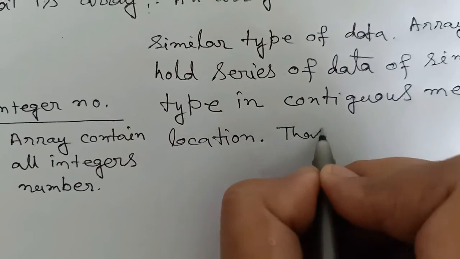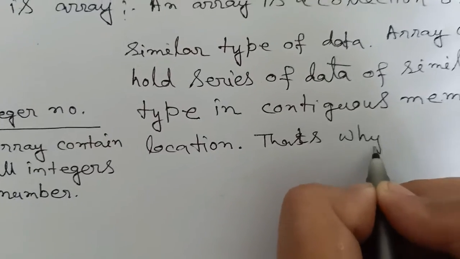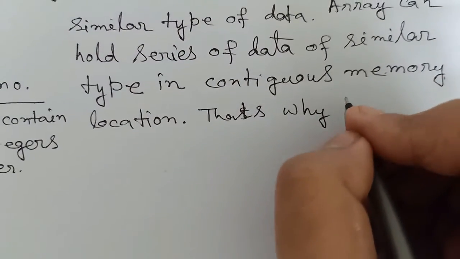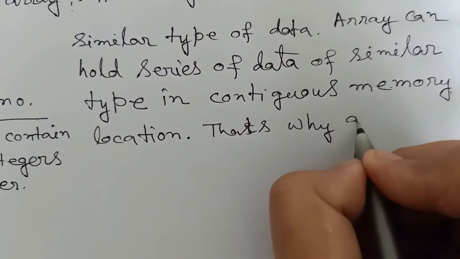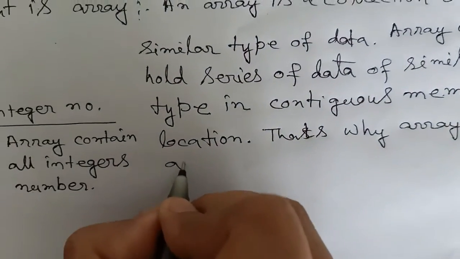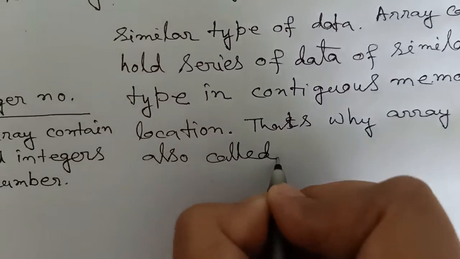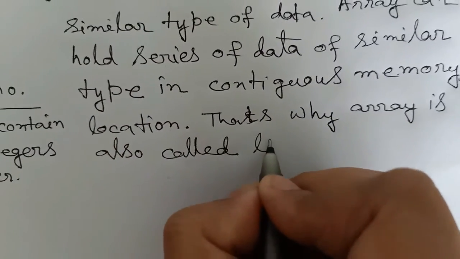That's why an array is also called a linear data structure.